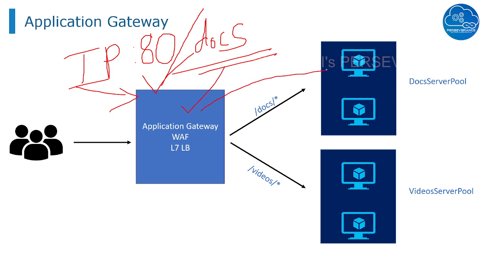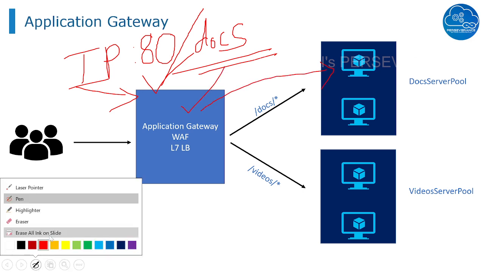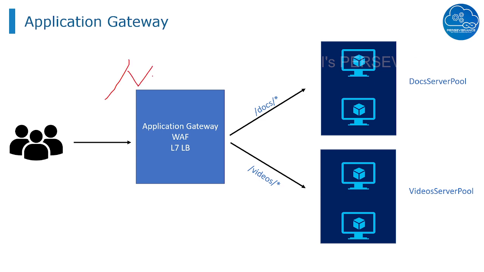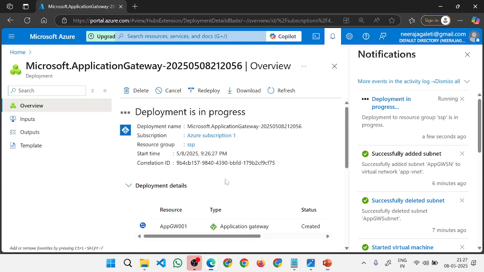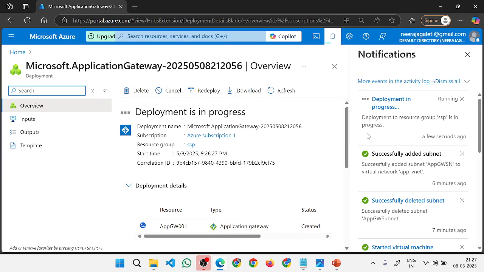It should forward to this pool. If somebody requests /videos, it should route the traffic to the videos pool. All right, so let's wait for the deployment to be completed.